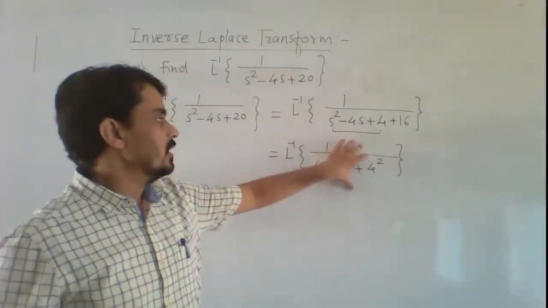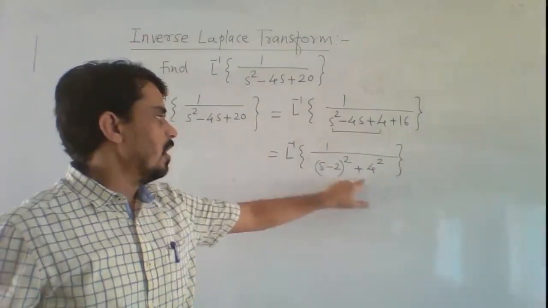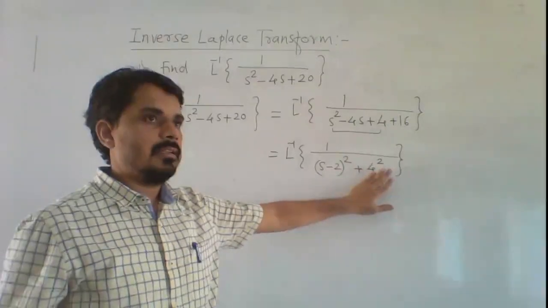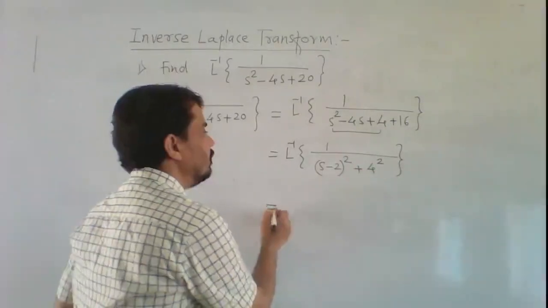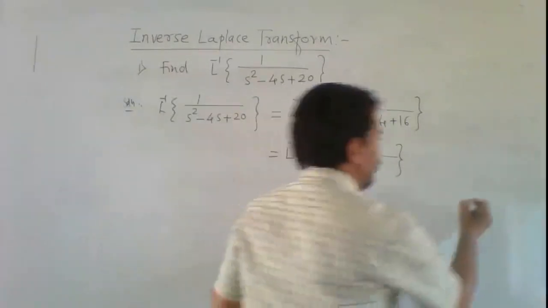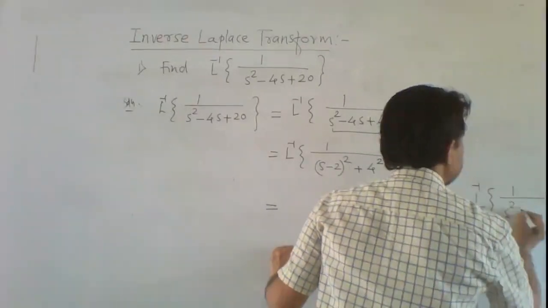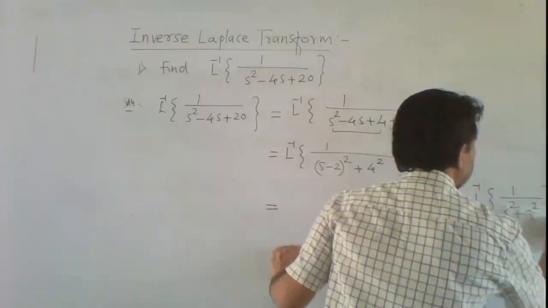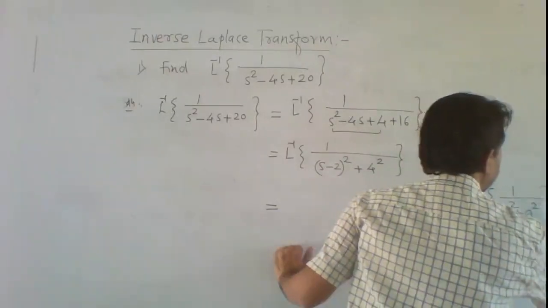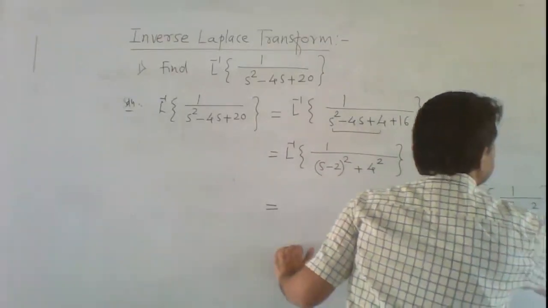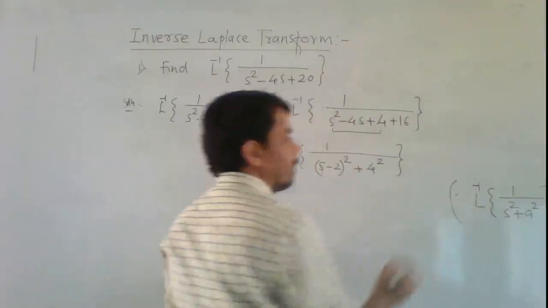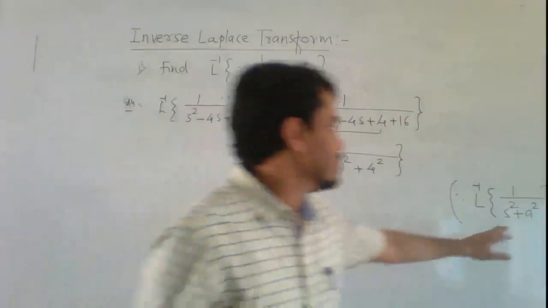Now the function is expressed in terms of the sum of two complete squares. Now we apply the formula. There is the formula: inverse Laplace transform of 1 upon s square plus a square is equal to 1 by a sin at. This is the formula for the inverse Laplace transform of this type of function.